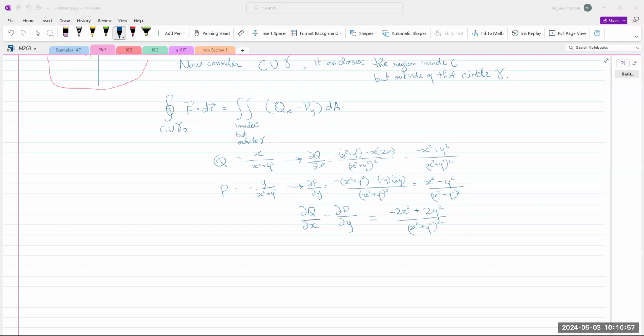Do I actually compute that correctly? Oh, I'm subtracting.